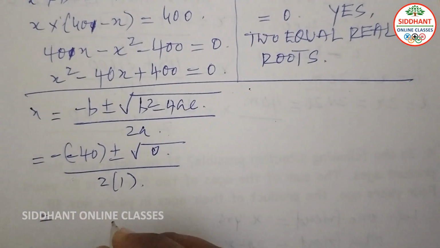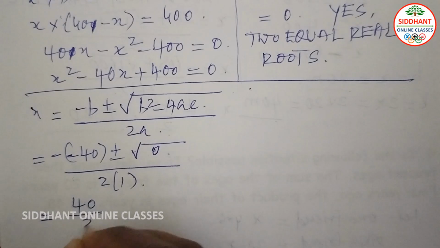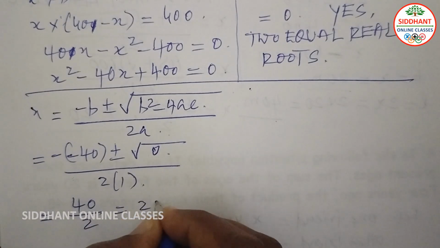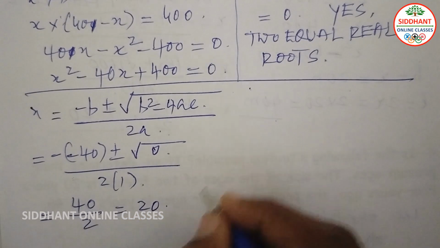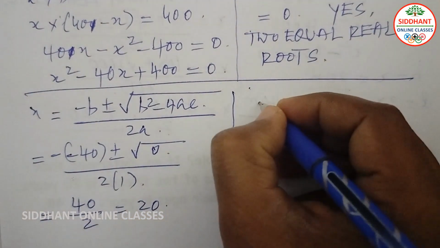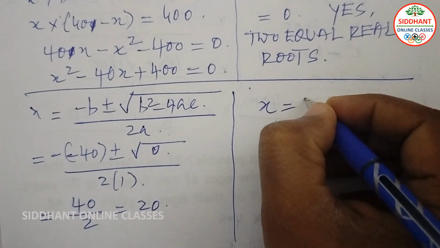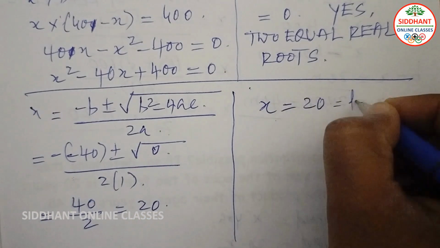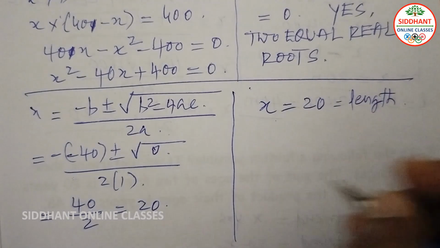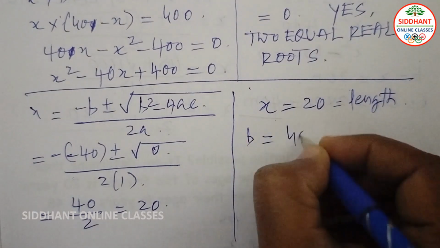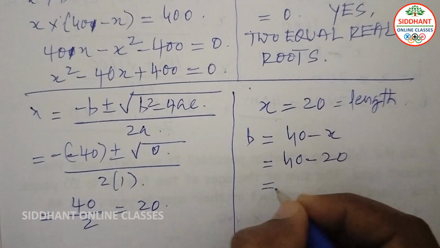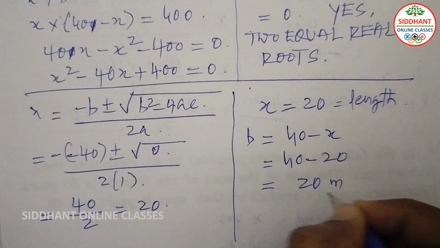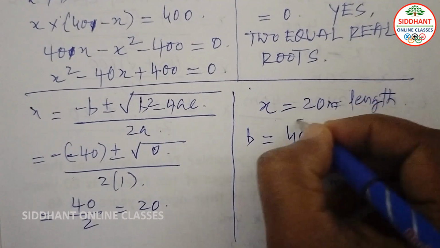So that will be 40 by 2, which is 20 here. So x is 20, which is length here, and breadth, which is 40 minus x, that will be 40 minus 20, that will be 20 here. So 20 meters breadth and 20 meters length.